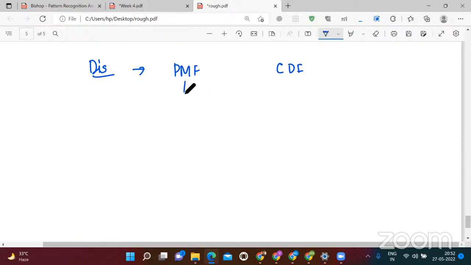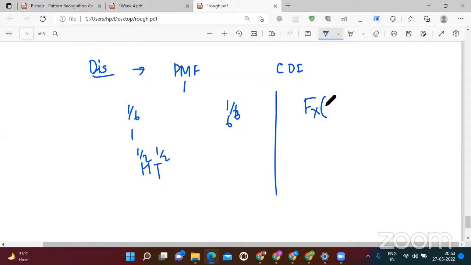For example, I told you the outcomes 1, 2, 3, 4, 5, 6 have a probability of 1/6 each, or for head and tail you have probabilities of 1/2 and 1/2. This is PMF. CDF is, if you have to calculate the probability that x equals 3, you just do the summation of all the probabilities till 3. This is the cumulative distribution function.